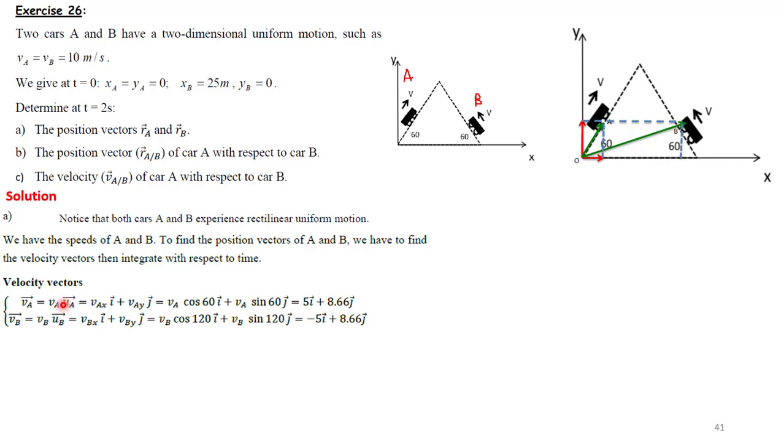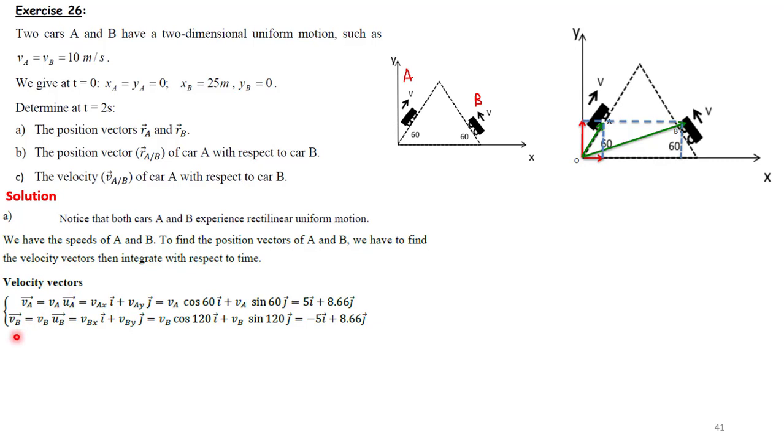So we found the expression of VA. This expression is independent of time because we know the magnitude of VA, and we know the angle between V and the horizontal plane.